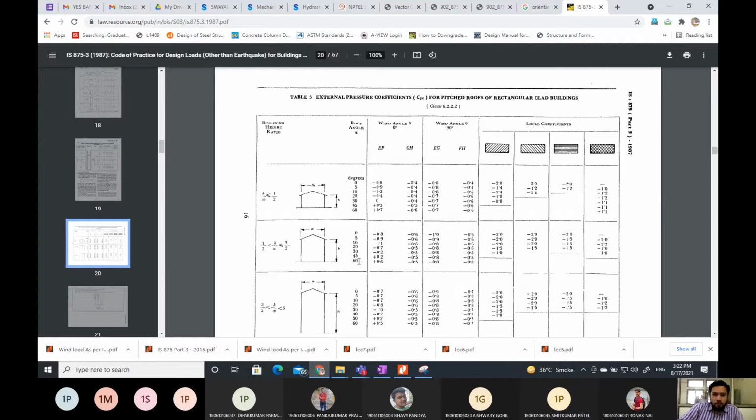So in our case the angle is 26.566. Okay, and the h by w ratio is between 1 by 2 to 3 by 2.